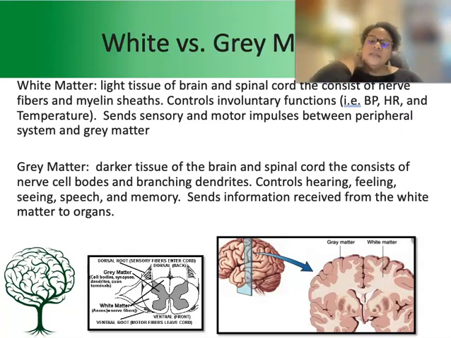And so you see on the slide a cross section of the whole cerebrum. Here's your gray matter and here's your white matter. When we're looking at a CT scan, we want to make sure we have a clear, defined vision of where you can see white matter and where you can see gray matter.